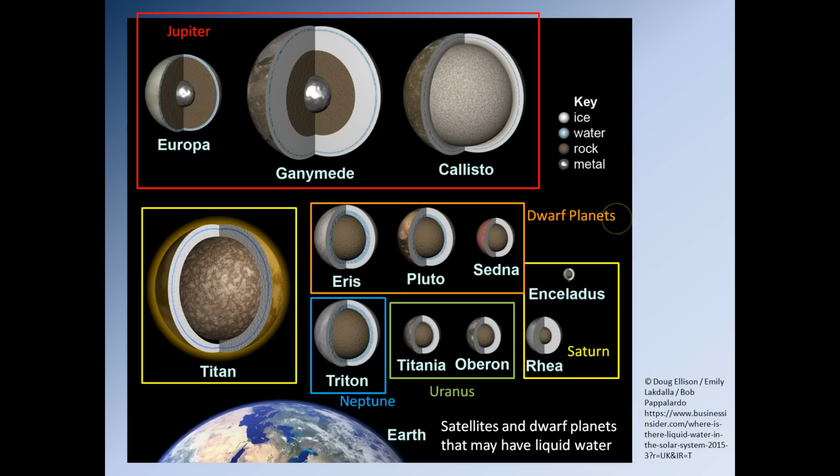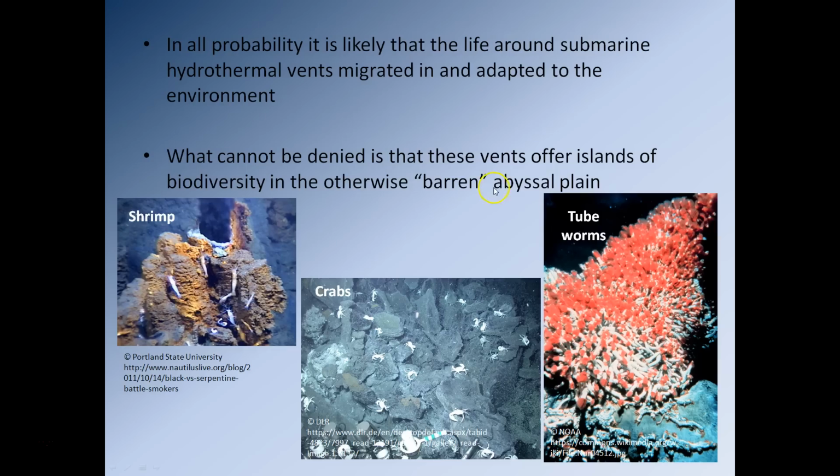So, if life could begin around black and white smokers, it would be very, very important for life in our solar system and maybe life in the universe as a whole. So, in all probability, it's actually more likely that life around submarine hydrothermal vents actually migrated into those environments and didn't form in those environments.